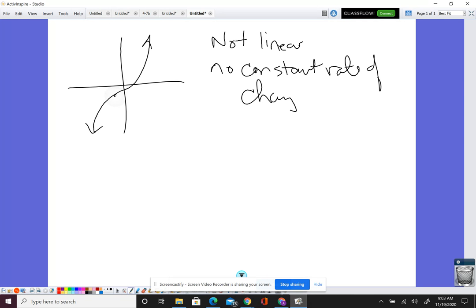If I look at the rate of change between those 2 points, it's relatively flat compared to the rate of change between these 2 points. So your explanation would be that there's not a constant rate of change.